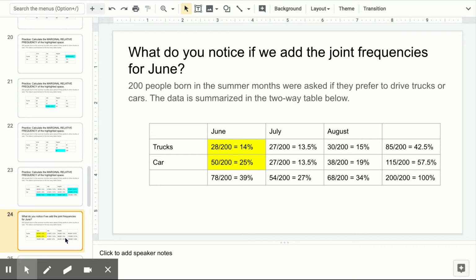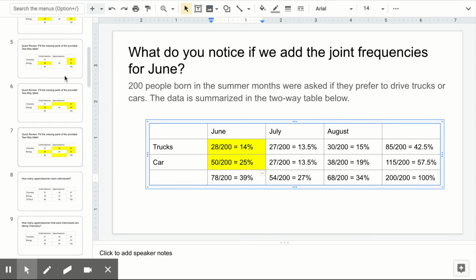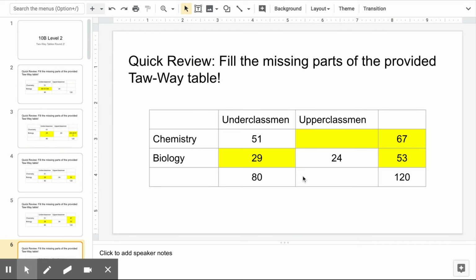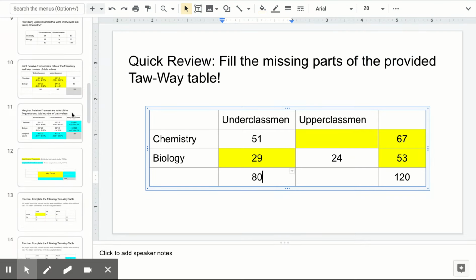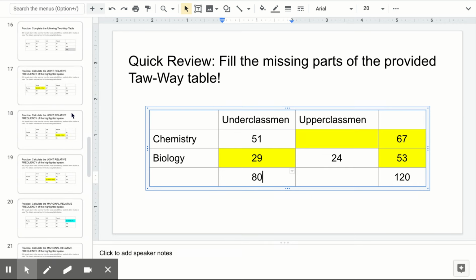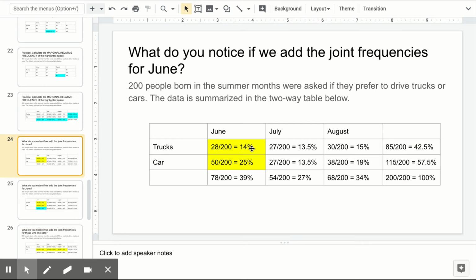So hopefully you noticed that if we add 14% plus that 25%, we end up right here at 39%, which makes sense because if we think back to our review when we found the 29, if we add 51 plus 29, we get 80. It doesn't change, right? When we're talking about the frequencies, we're just changing the way that we're writing the number. So now we're writing the number, instead of just numbers, as percentages or as ratios.